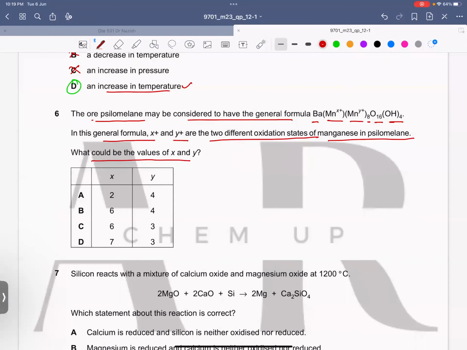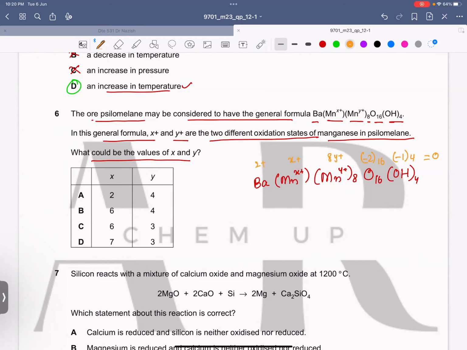Okay, let me write this general formula over here. Ba, Mn with X positive and Mn with Y positive, there are 8 of this kind, then O16 and OH4. So the net charge is equal to 0. There is -1 times 4, there is -2 times 16, and there is 8Y positive, X positive, and Ba is in group 2, so 2 positive.